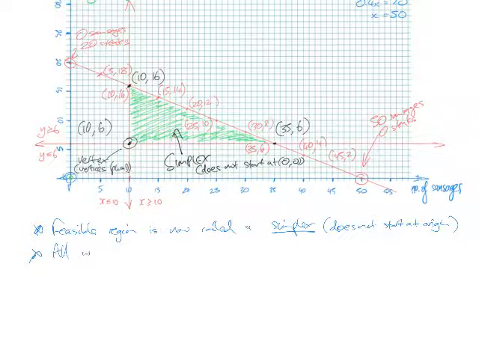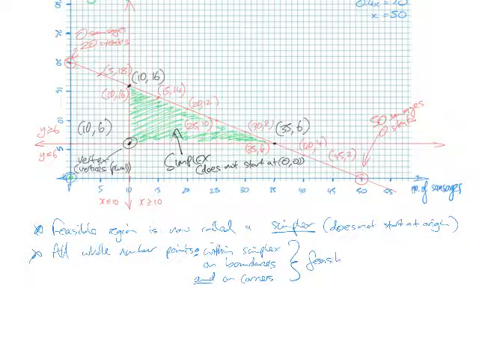All whole number points within the simplex, on the boundaries, so on the lines, and on the corners, they're all feasible solutions.